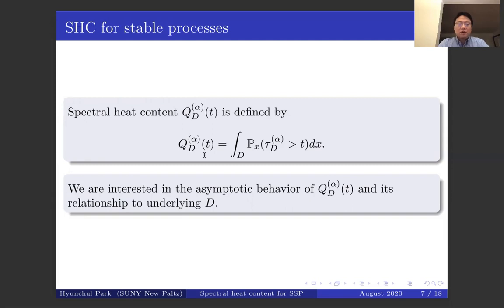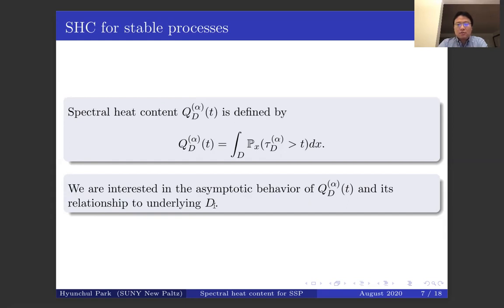So we define the spectral heat content Q_D^alpha(t) in this way, where this tau_D^alpha is the exit time of a stable process. So everything stays exactly the same, but Brownian motion is replaced by stable processes. And we are interested in the asymptotic behavior of the spectral heat content and its relationship to the underlying D.